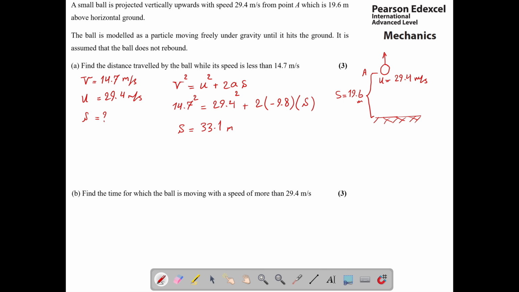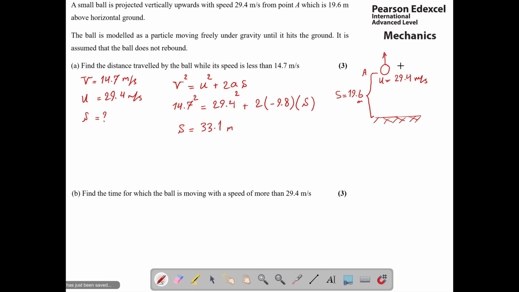Okay, next part: find the time for which the ball is moving with a speed of more than 29.4 meters per second. So this moment is when the ball goes up and reaches the maximum height and then turns back toward the ground.